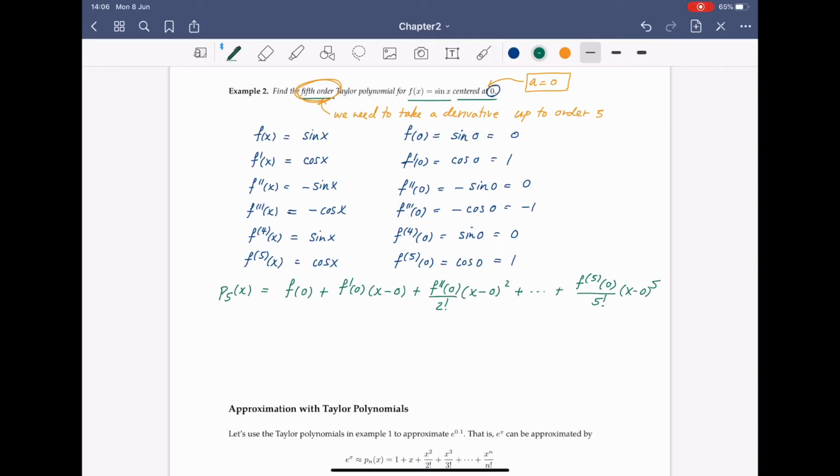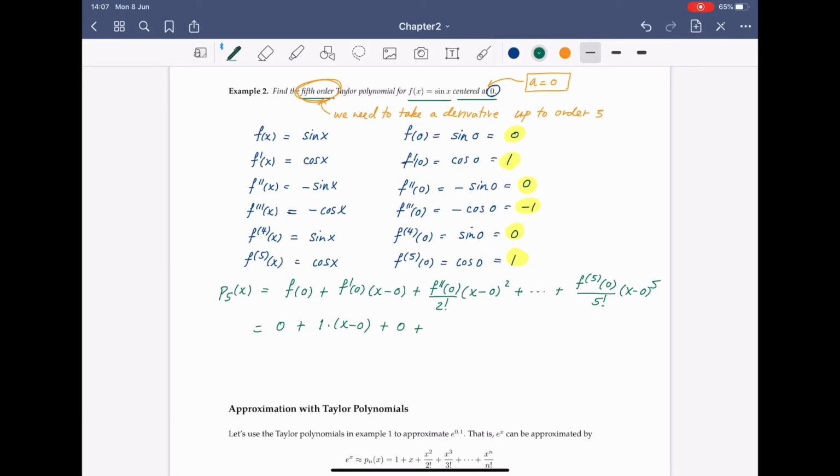power. Alright, so I am going to replace the numbers we computed here. So the first term f of 0 is equal to 0, right? And then the second term I have 1 times x minus 0. The third term I have 0, right? Because f double prime 0 is 0.